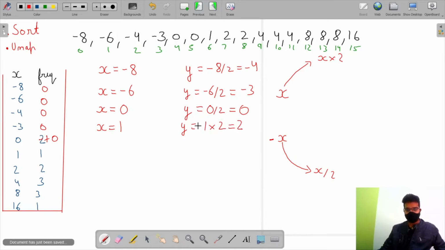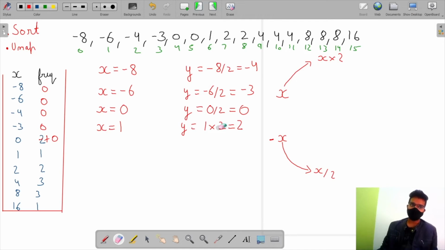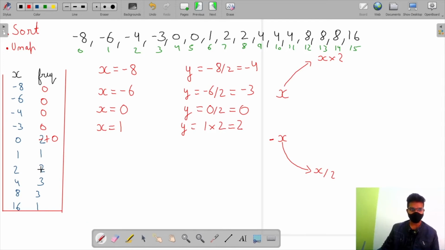We are going to check if y exists in our map and its frequency is greater than 0. So y is 2, right? Yes, 2 exists in our map and its frequency is greater than 0. So we are going to reduce its frequency because we are using it, to 1 and 1 frequency will be 0. Perfect.